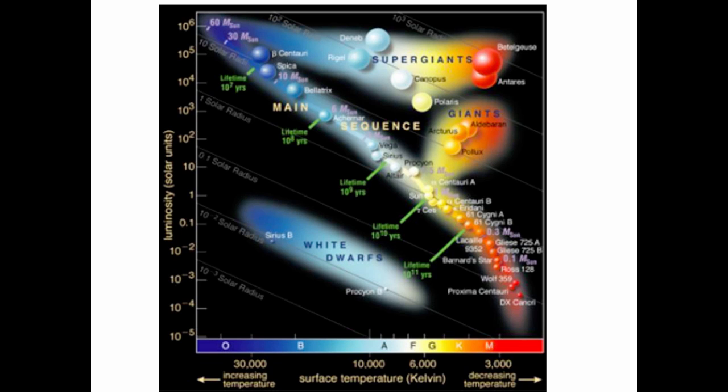So according to the HR diagram, you should be able to figure out what color a star is based on its temperature, the size of it based on where it is on the HR diagram, and its luminosity. If they're in the top left, they're hot and bright. If they're in the bottom right, they're cool and dim. If they're at the top right, they're bright but not hot. And if they're in the bottom left, they're hot but not bright.